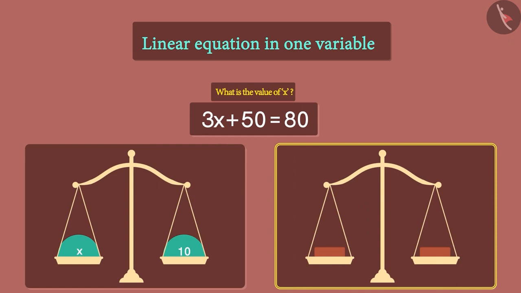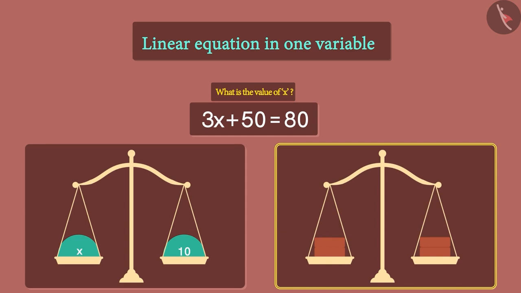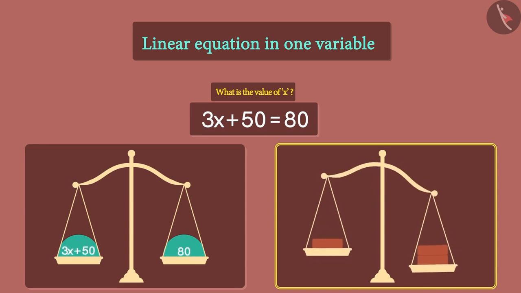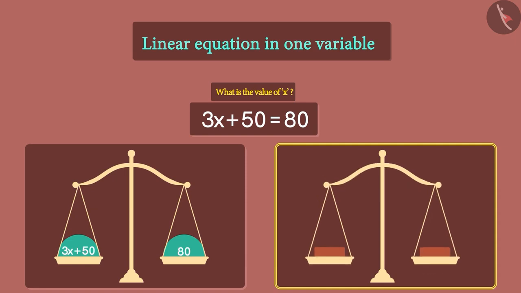We know if we add some weight on one side, then to keep the two sides in balance, we have to add the same weight on the other side. Similarly, if we remove some weight from one side, we have to remove the same weight from the other side as well.